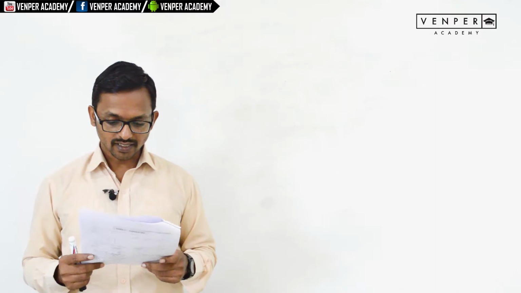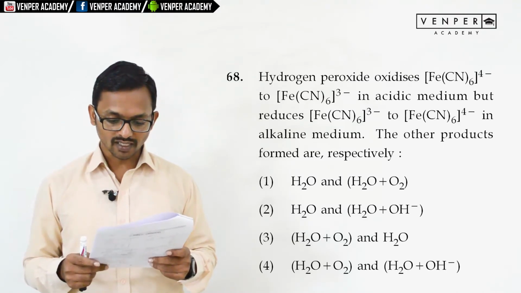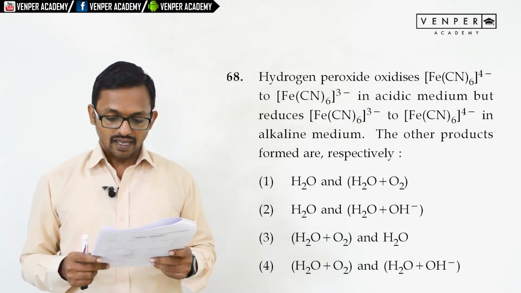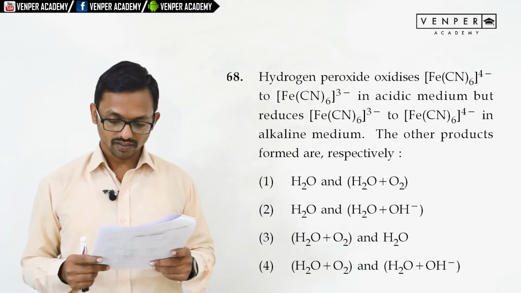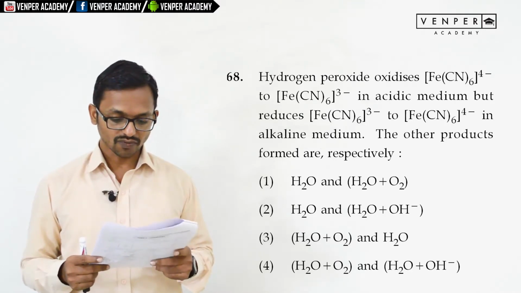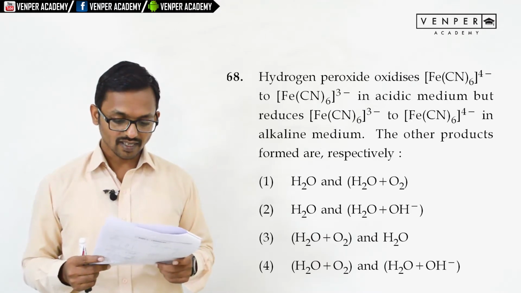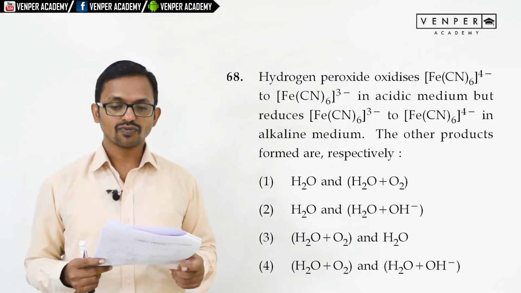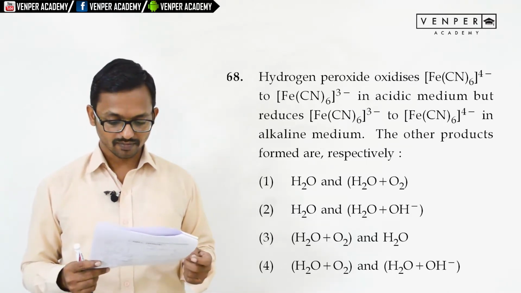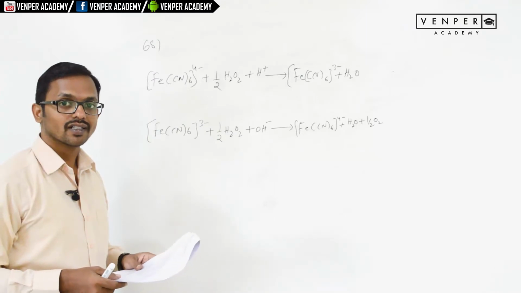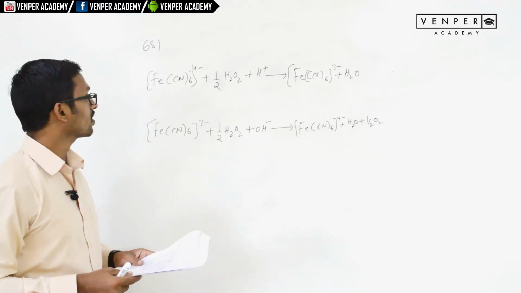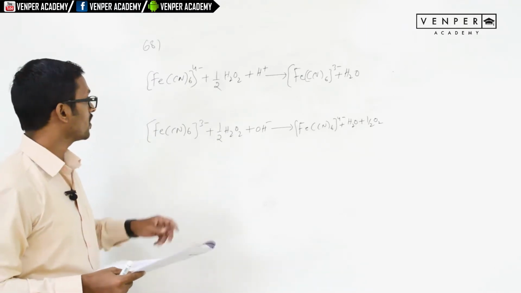Question number 68. Hydrogen peroxide oxidizes hexacyanoferrate(II) to hexacyanoferrate(III) in acidic medium, but reduces hexacyanoferrate(III) to hexacyanoferrate(II) in alkaline medium. The other products formed are, respectively. Now let's see the reactions for the given compounds in acidic and basic medium.